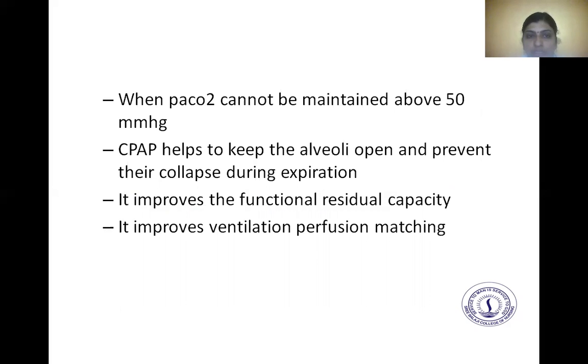When PCO2 cannot be maintained, CPAP can be administered. CPAP helps to keep the alveoli open and prevent their collapse during respirations. CPAP also improves the functional residual capacity and improves ventilation-perfusion matching.